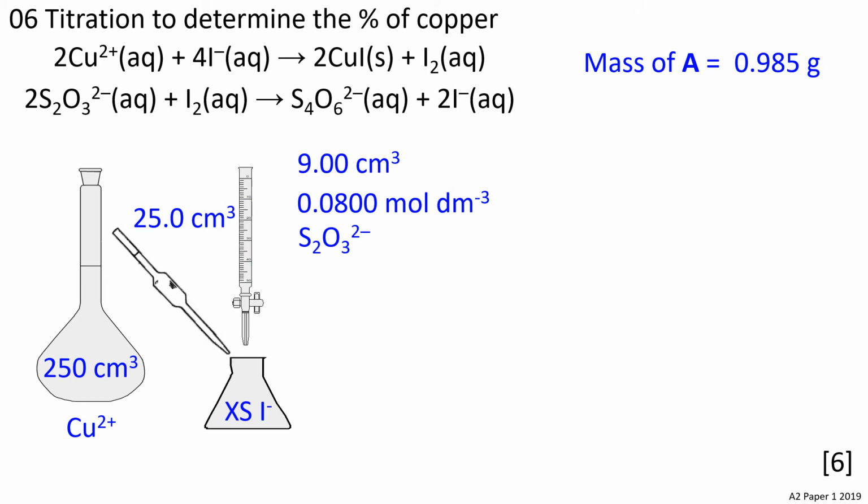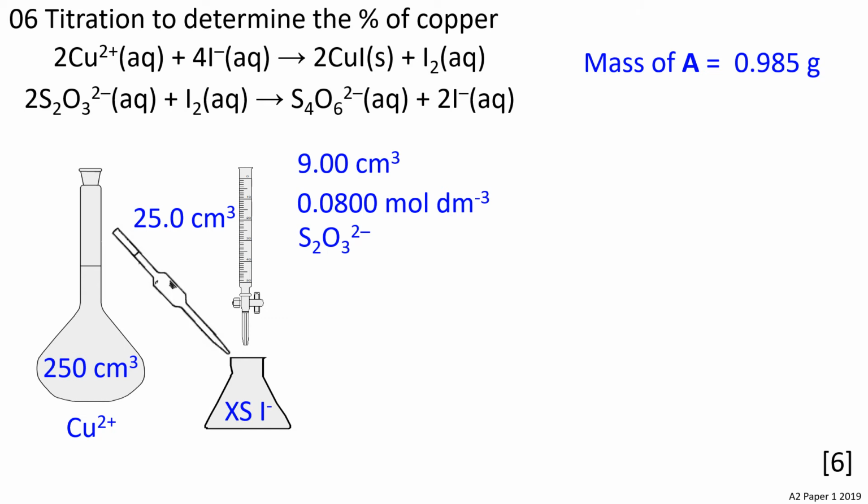So from the amount of thiosulfate that is added, if we divide that by 2, that is the amount of iodine that was present, and that's the same iodine that was present at the end of the first reaction. If we multiply that by 2, that is equal to the amount of copper 2+ ions that were present at the beginning of the reaction.